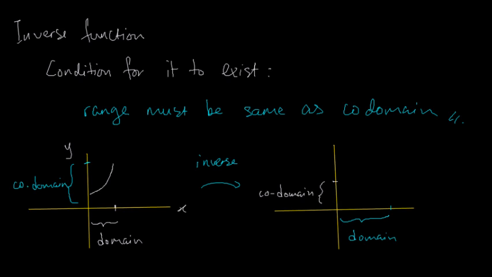And my graph, which was up here, is now down here. So this point came from here. Okay, so that's supposed to be my inverse function.